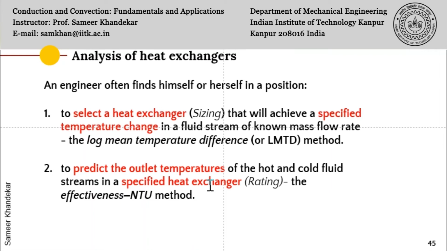So you have to rate the heat exchanger, which means that you have to predict the outlet temperatures, that what will be the temperatures if these two fluids pass through it in a certain mass flow rate. So such type of problems can be solved by another, let's say, elegant method, which is called the NTU effectiveness method. So after we study the LMTD method, we will also study the NTU effectiveness method.